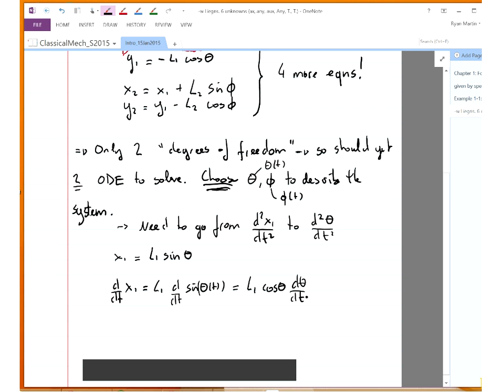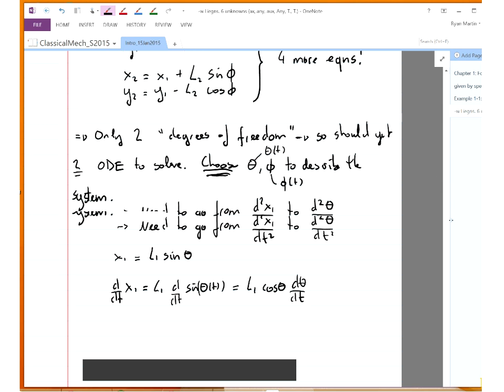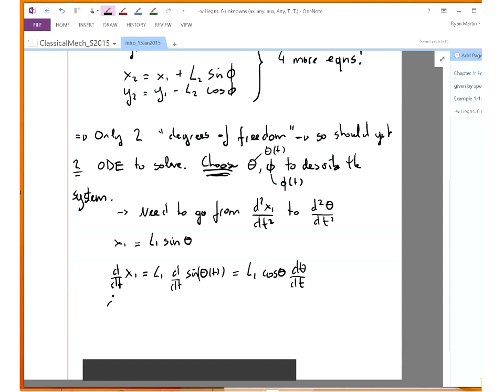Right. So what we have in our four equations from Newton's second law is d squared x by dt squared. So we have to take the derivative again. So then d squared x1 by dt squared is equal to d by dt of this thing that we have up here. So that's L1 times d by dt of cos theta d theta by dt.